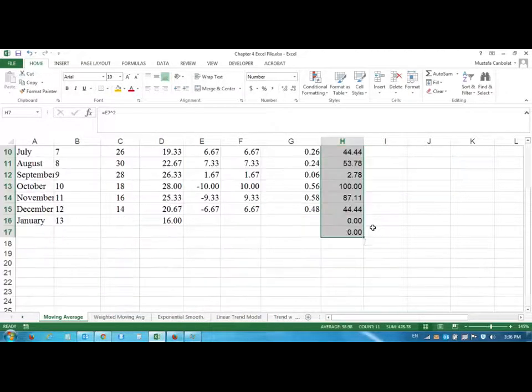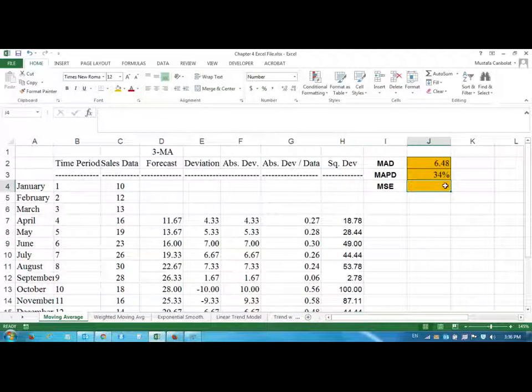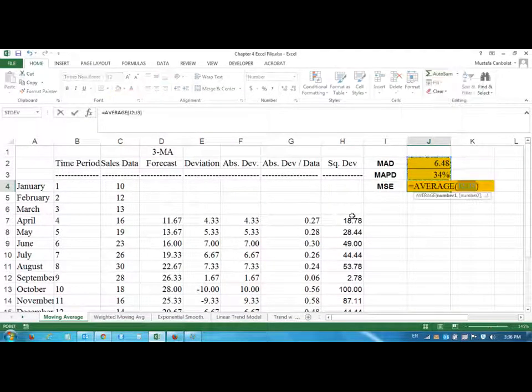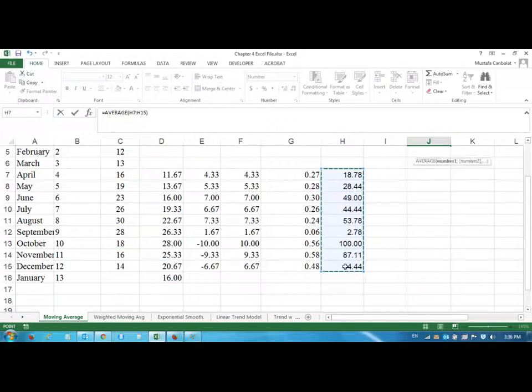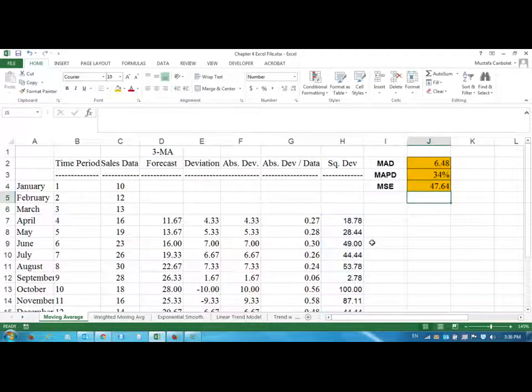So those are my errors in squares. Then I will take the average. And here is the average, 47.64.